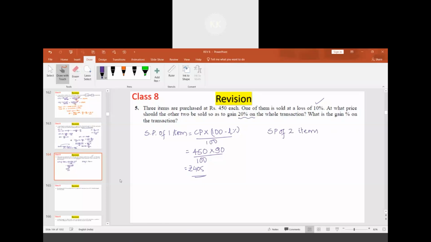SP of two items will be the CP of the two items, which is how much is that? 900. If we go like this, can we solve it in this way?